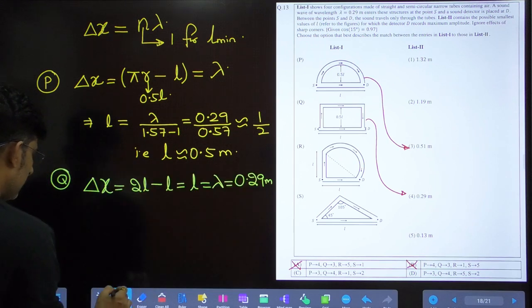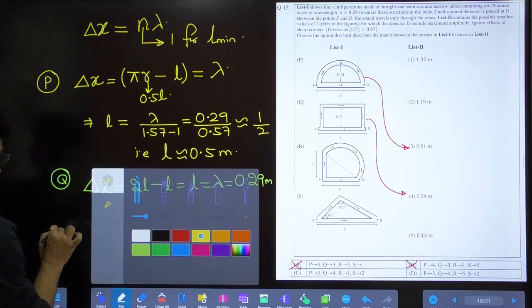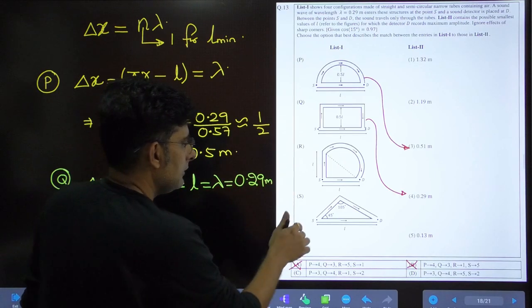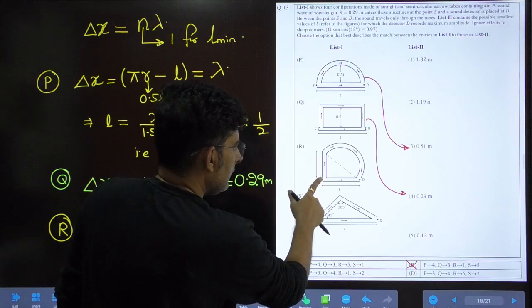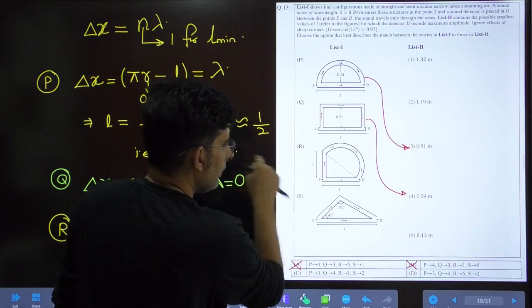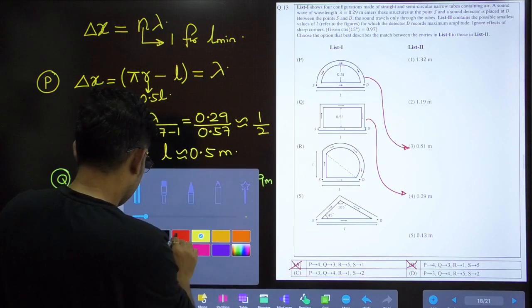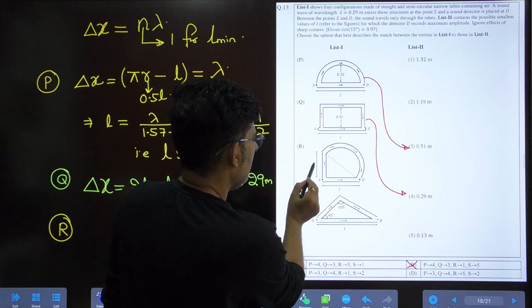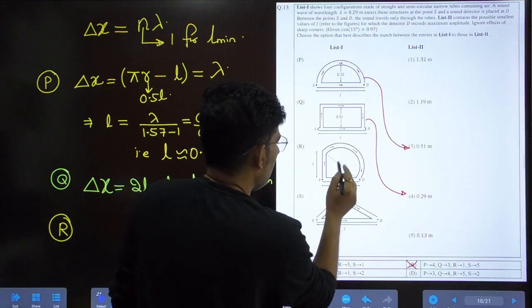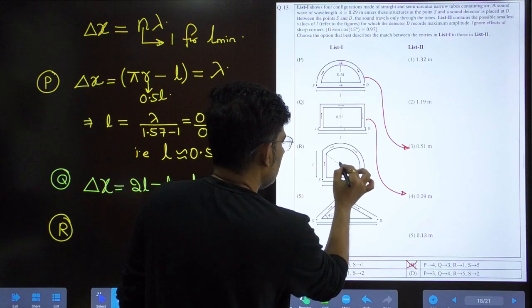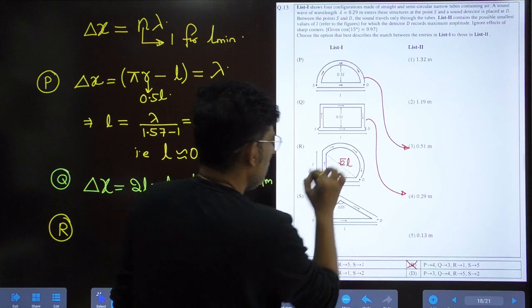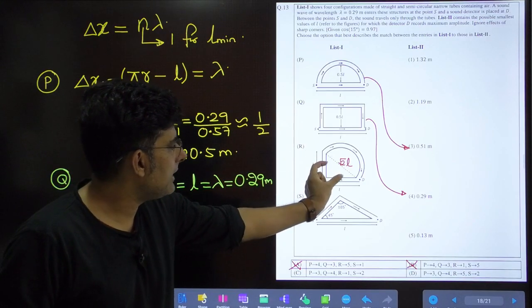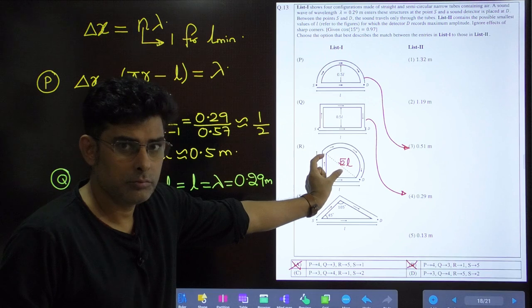If you see the next one, R. Now in this case, we have this length as L. Now if you see from here, this being L, this being L, this length will become root 2 L. So if this length is root 2 L, the radius will become L by root 2. Got it?